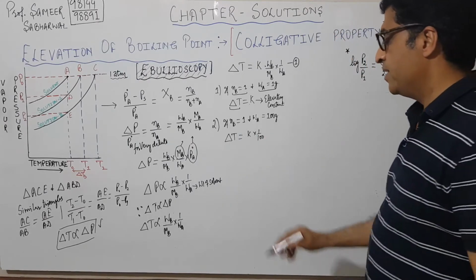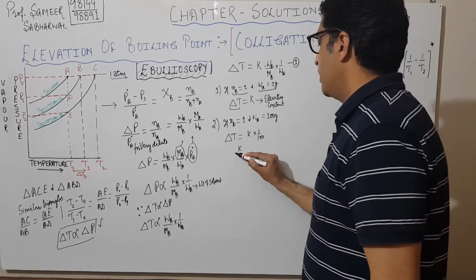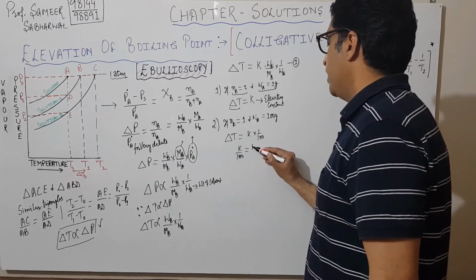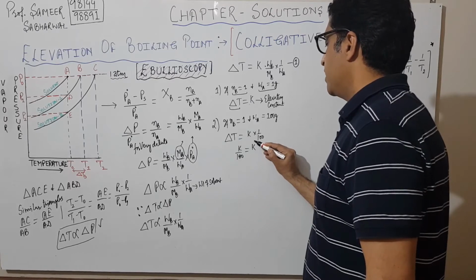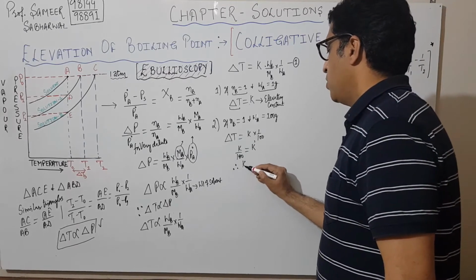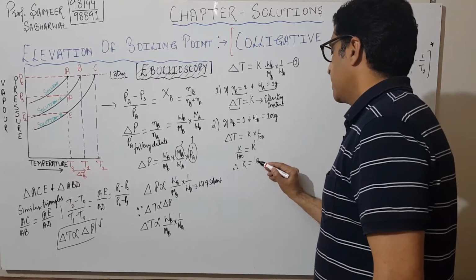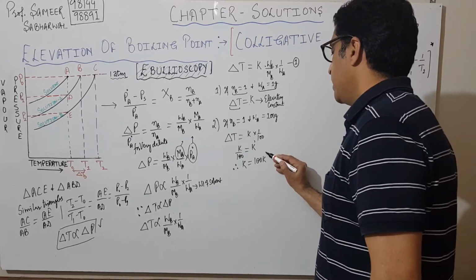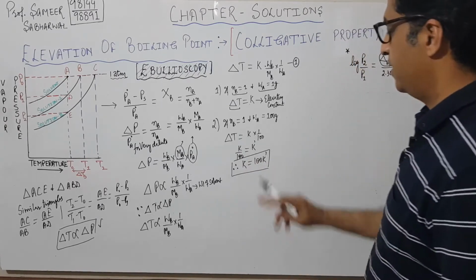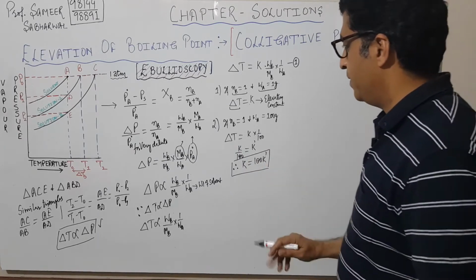Is that right? Now this K by 100 is equal to, say I define it by a new term, that is K dash. Therefore, how much is K? 100 K dash. I highlight this K this way.